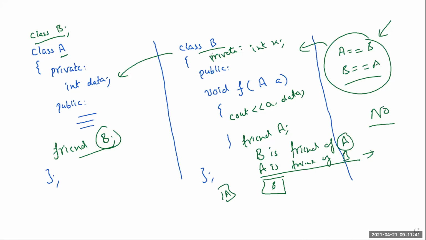Okay, now let's do another example which will further clear your confusion, or further elaborate this concept. You see, the concept of friend classes is commonly used when we are doing composition. And you must have realized it because you recently attempted assignment number 2 in which you were doing composition: flight class, date, time, and so on, right?